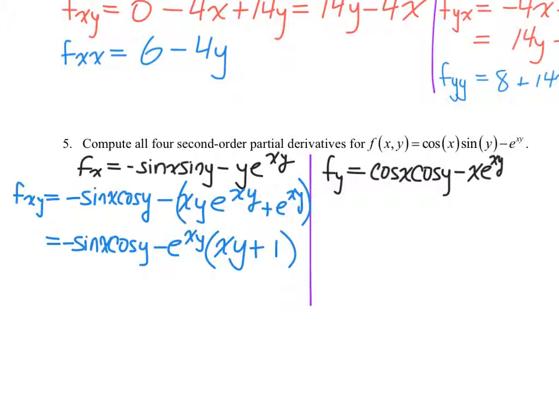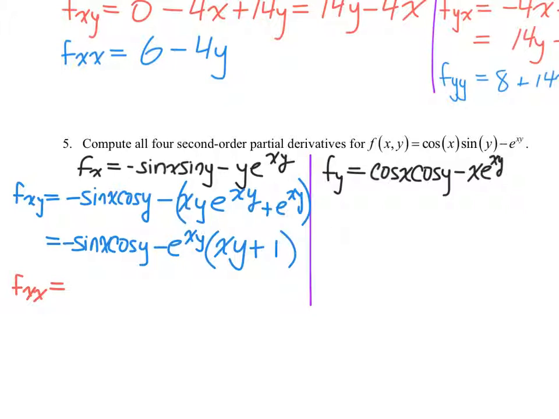All right, so then we need f of xx. But, you know what? I'm going to live with the poor quality x's there. So taking the derivative of the f sub x with respect to x, the negative sine y is going to stay put.